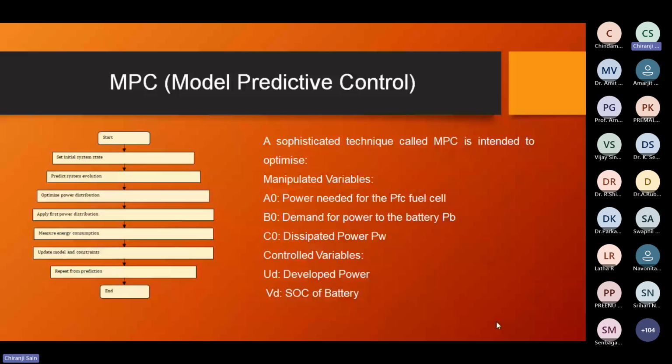While we have the optimal power flow distribution, energy consumption is one of the important aspects, so we need to consider how much energy is consumed inside the powertrain of the fuel cell hybrid electric vehicle. Then, depending on the comparison with the available power demand or requirement, we need a comparison logic, and based on that, the model can take care. And finally, we need to predict or forecast the future requirement that we are basically looking for in this technology.